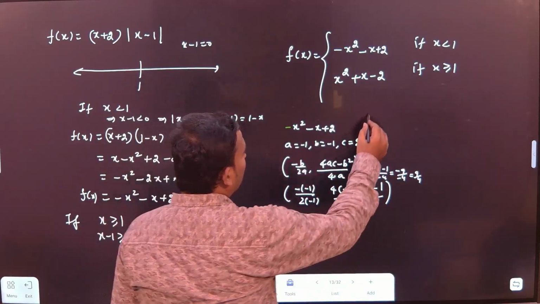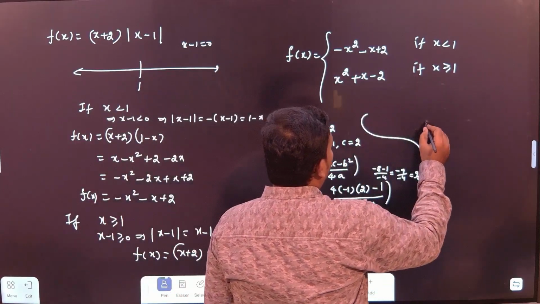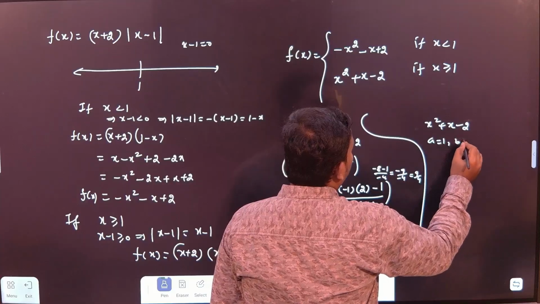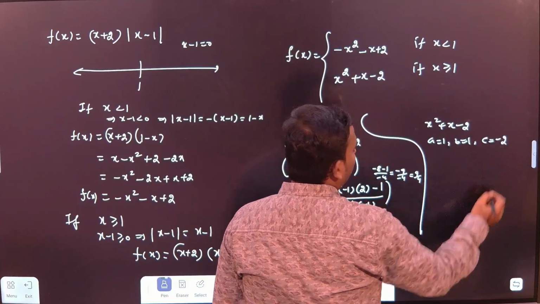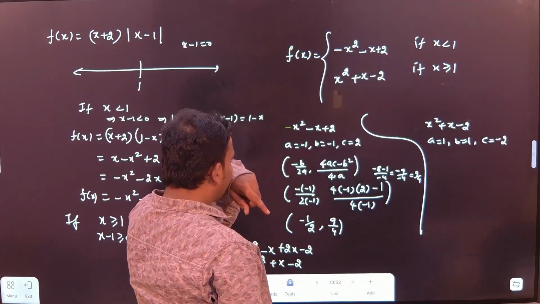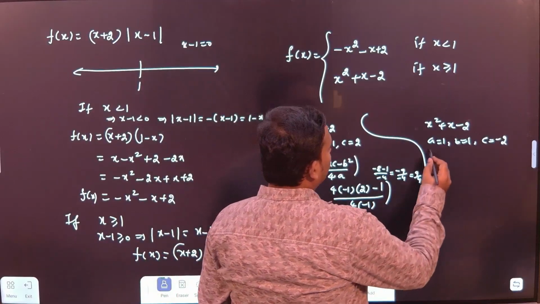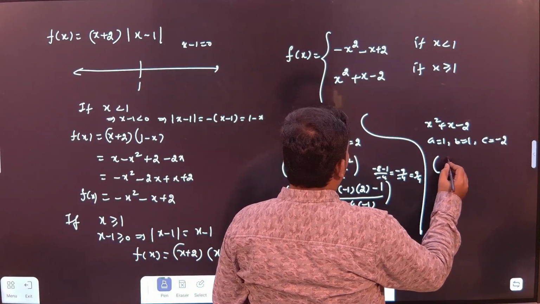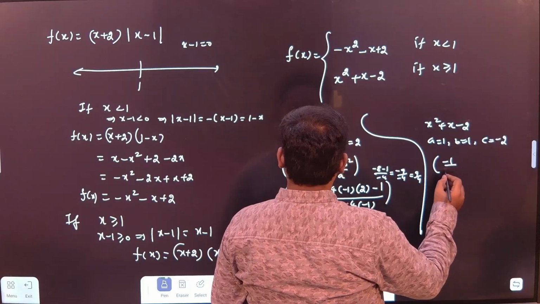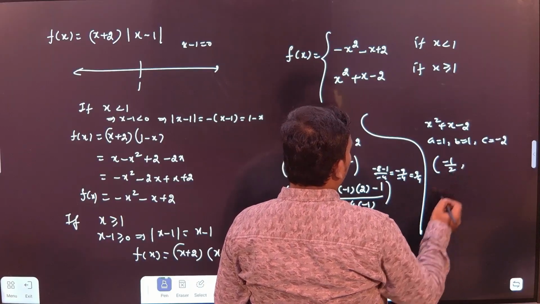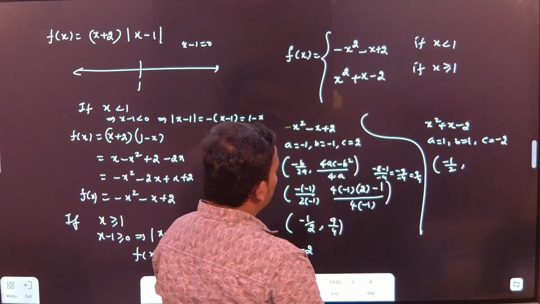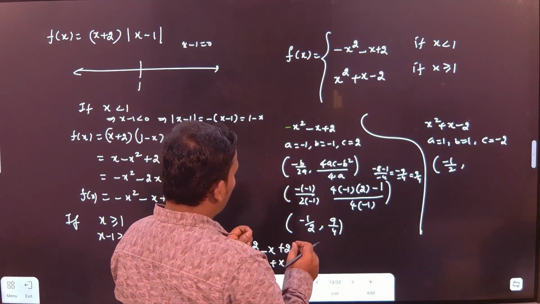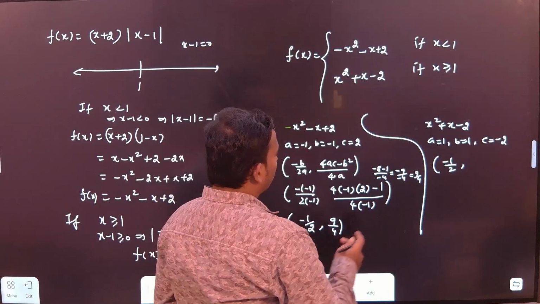The same way you can calculate the vertex of the second one. X square plus x minus 2. A is 1, B is 1, C is minus 2. You can see, student. So, minus B, minus 1 by 2A, minus 1 by 2 only. Correct.